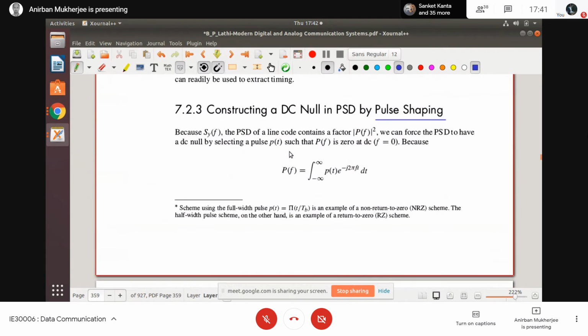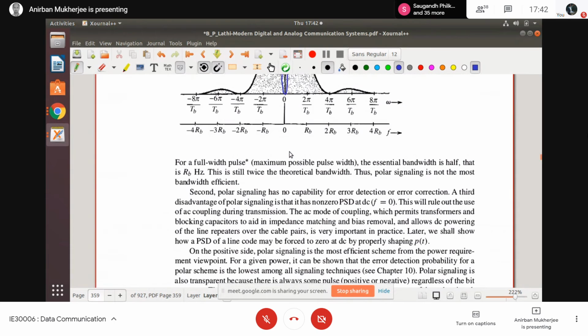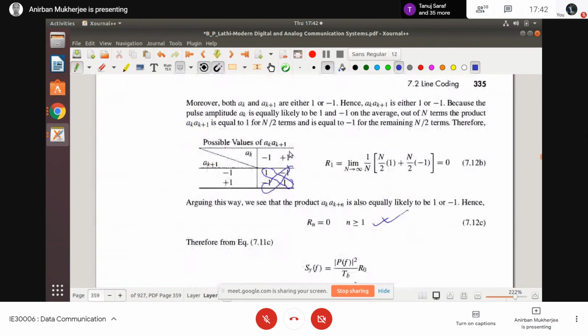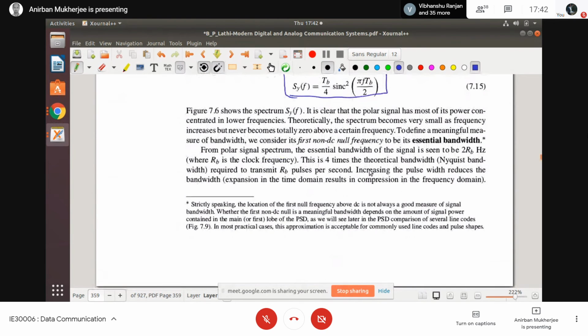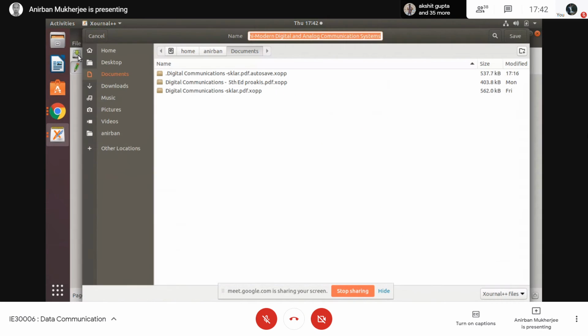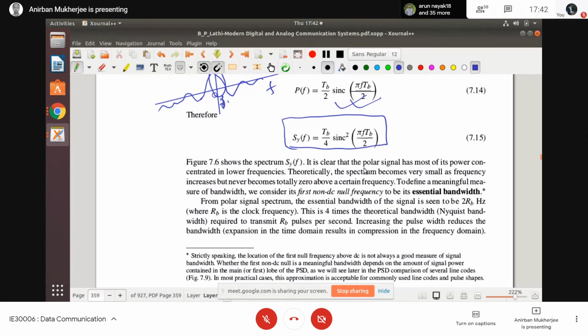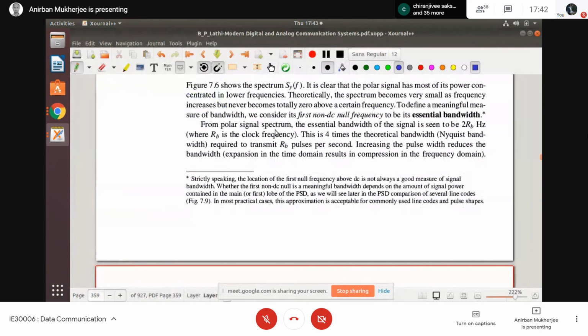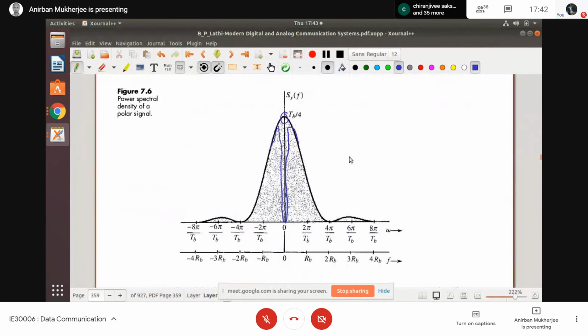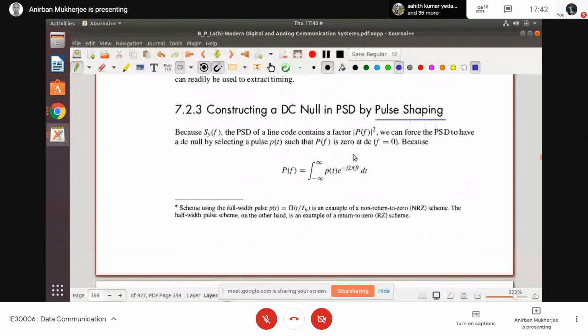We will discuss pulse shaping maybe tomorrow. Till now, please try to read this portion. Tomorrow I will take the lecture on this portion, because now we are really entering the core communication portion. Please read this book, bipolar actually. Today I am stopping here because pulse shaping needs some more time.